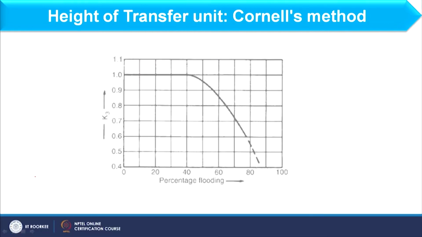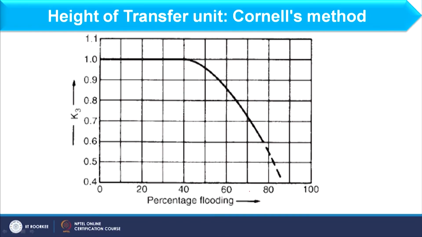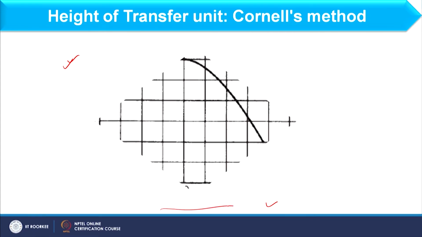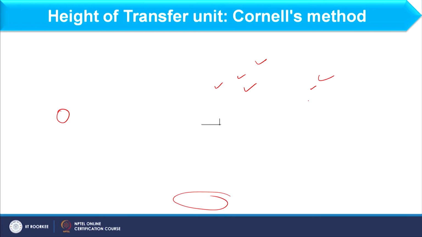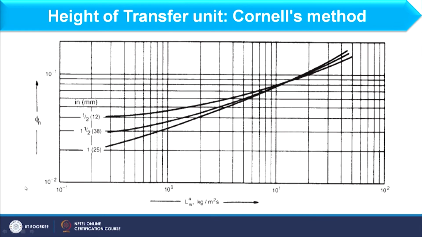Now, let us see how we can find out the K3 value, phi h value and psi h value. As far as K3 is concerned, we can find it based on percentage flooding, and you can use this graph. What percentage flooding is, we will discuss. Similarly, you can obtain the phi h value depending upon the percentage flooding and different types of packings. These packings are basically bulk saddles having different sizes, so you can use this graph. Now we have the graph of phi h, which can be calculated based on LW star, and this value you can obtain once you know the column diameter.